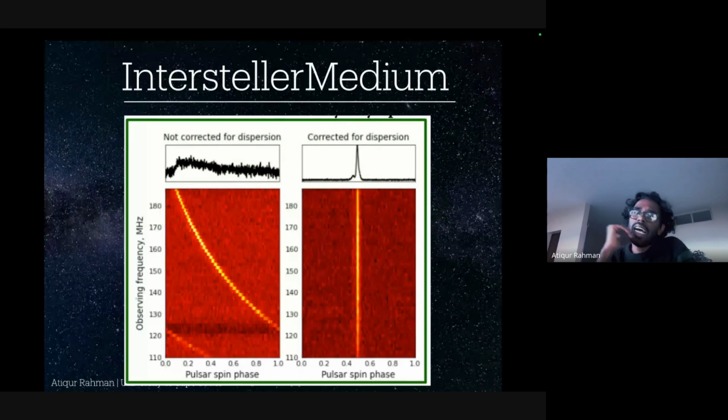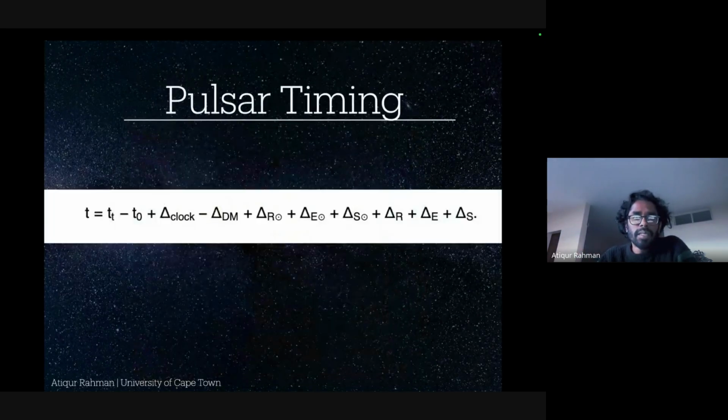And then there are a lot of other variables that we need to take care of, like clock correction. What do we mean by clock correction? Let's say we observe a pulse on Earth now, but Earth itself is moving, right?